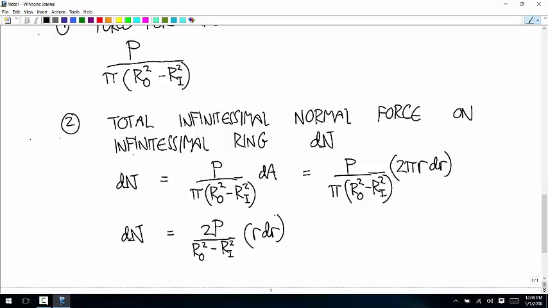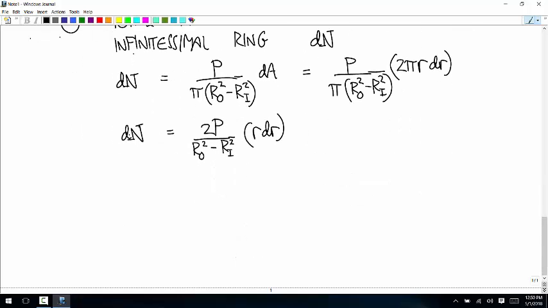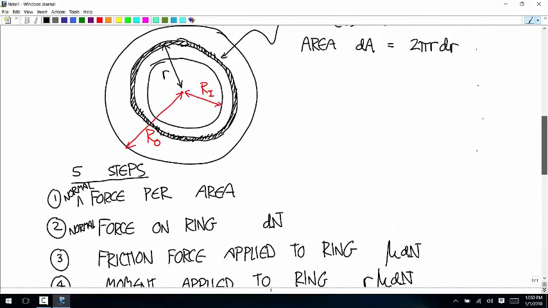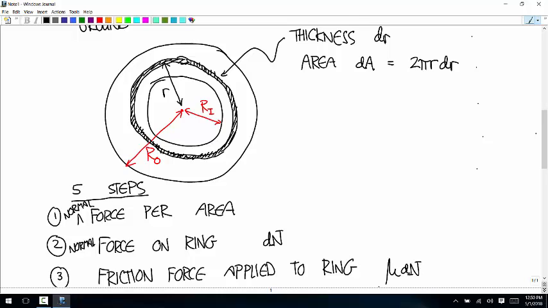Now what we're trying to find is the moment that's applied by that friction. This normal force isn't a friction force. So now we have to figure out what the total friction force is on that ring. This seems like a funny thing to do, because if this thing's rotating, what's the direction of the friction force here? Well, it's rotating this way. At this spot on this infinitesimal ring, the friction force is that way, and at this point, it's that way.